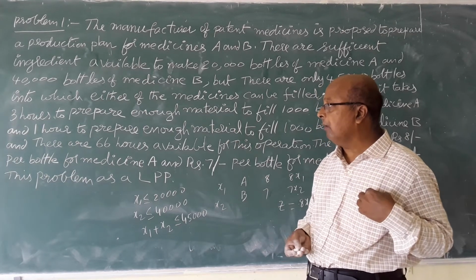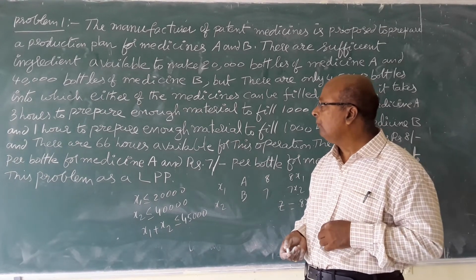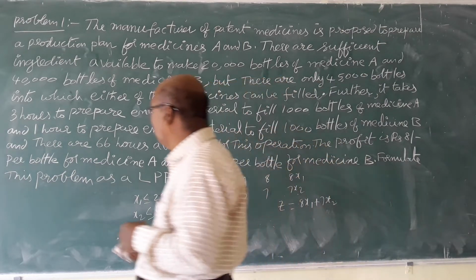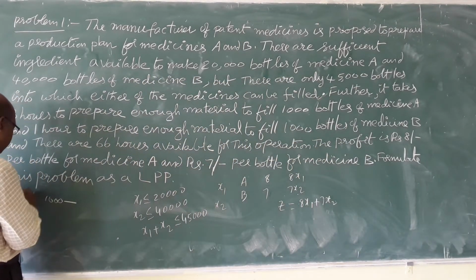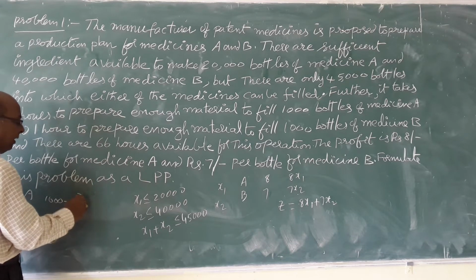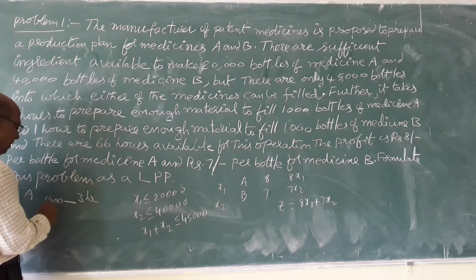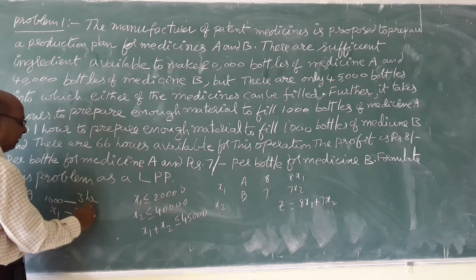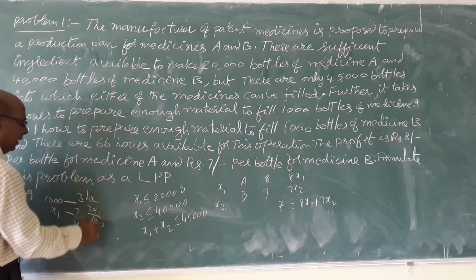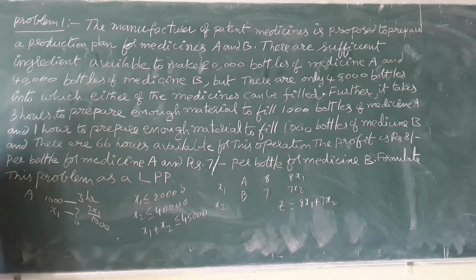Next, the operation. For 1,000 bottles of medicine A, 3 hours are required. For x1 bottles, how much? 3x1 by 1,000. For medicine B, for 1,000 bottles, 1 hour.